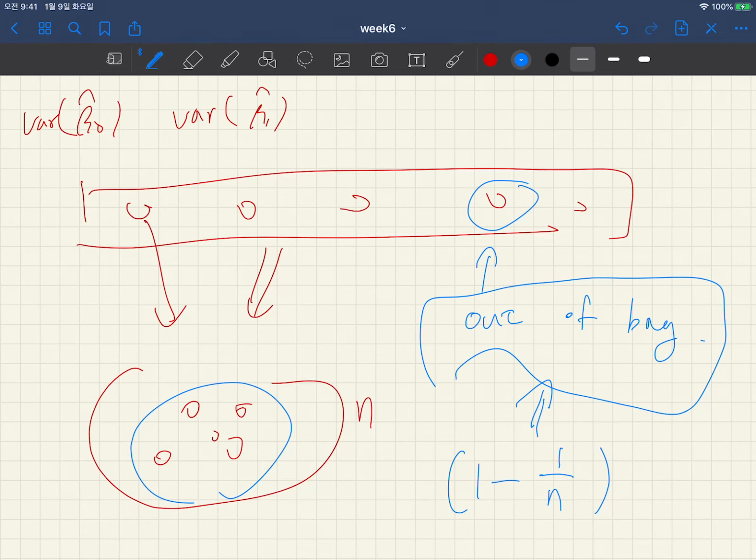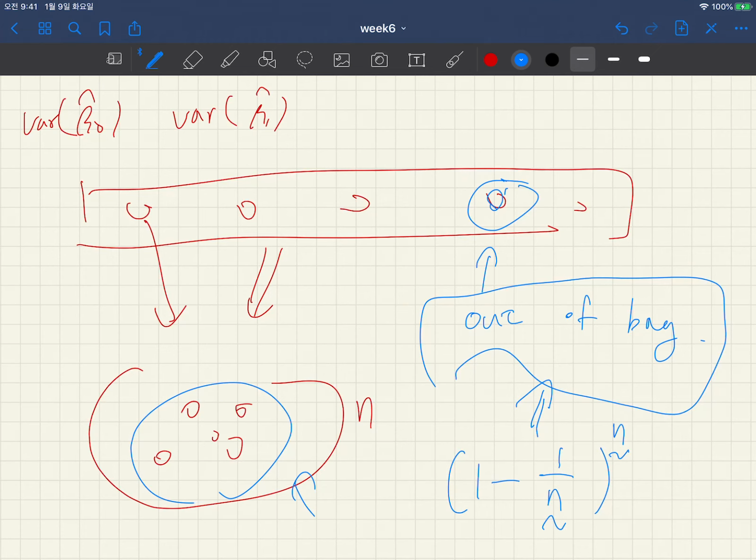Essentially, the probability that one element does not belong to the bag, the one data set by bootstrap, is (1 minus 1 over n) to the n, because 1 over n is the probability that this given data point is selected by uniformly random sampling, and we run this sampling process n times.